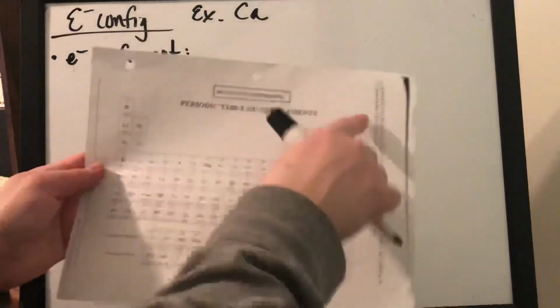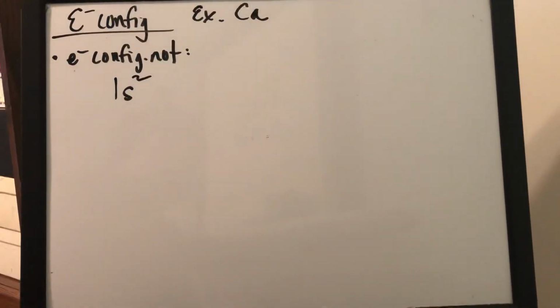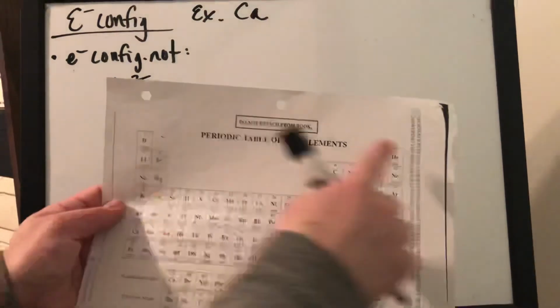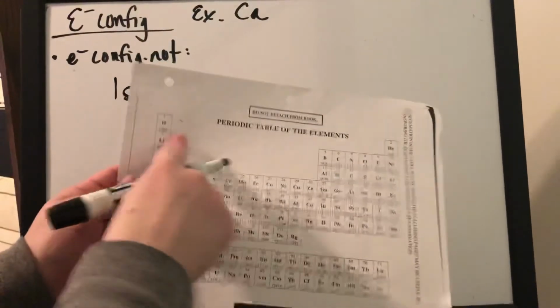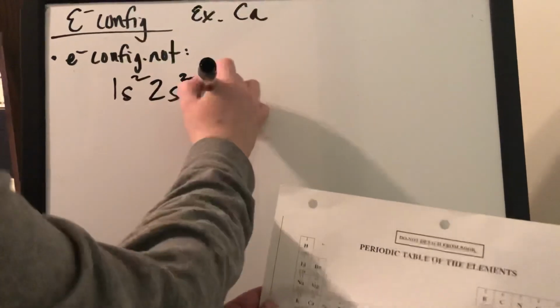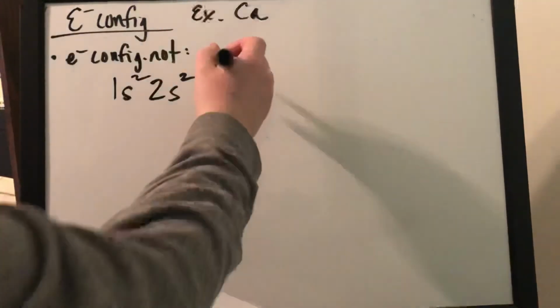So the first orbital is the 1s. And it holds 2 electrons, 1, 2, and it is full. And it's written like this, 1s with a superscript of 2, 1s2. Following 1s2, I fill the 2s next, so 2s2. Following 2s comes the 2p, and it is full with 6 electrons. If you're unsure, you can count, 1, 2, 3, 4, 5, 6.